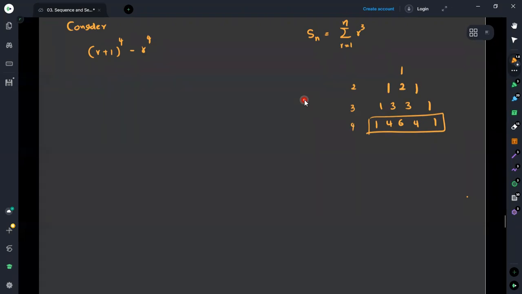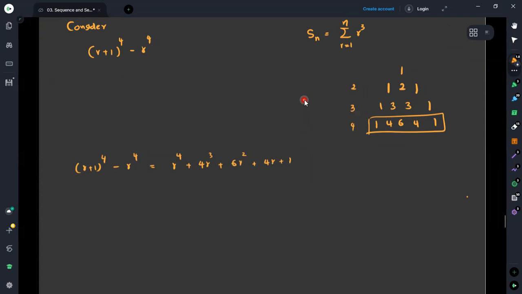Then we can consider the calculation r plus 1 to the power 4 minus r to the power 4. First, I'll expand r plus 1 to the power 4. This results in r to the power 4 plus 4 times r cubed plus 6 times r squared plus 4 times r plus 1.